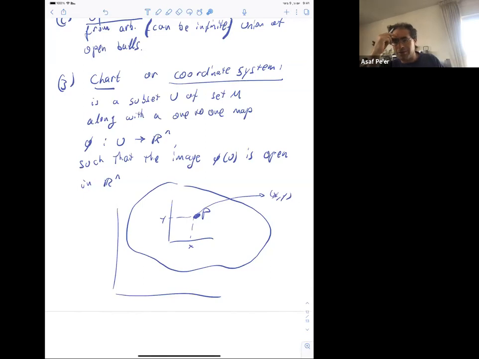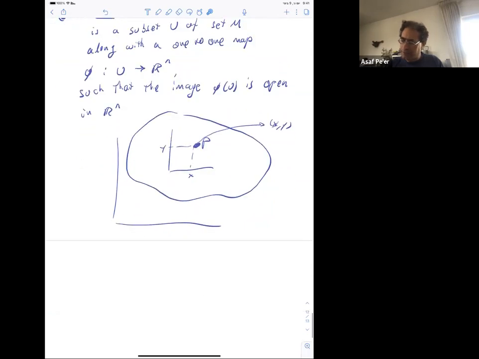That's exactly what's written here. This is what a coordinate really is. It's true in Euclidean space and it's true in any space. It's just a mapping between the point in space into R^n. But it's a one-to-one mapping such that the image is an open set. That's actually quite important, but I won't have time now to explain exactly why.